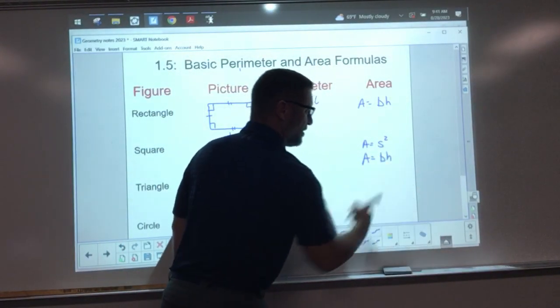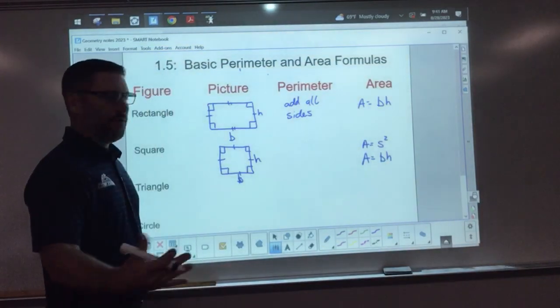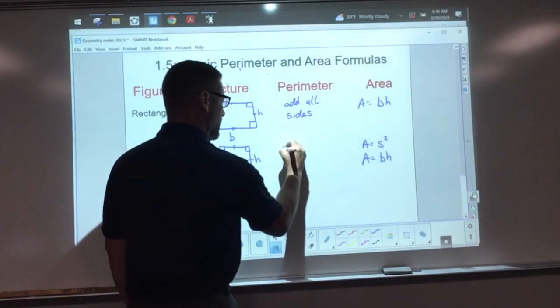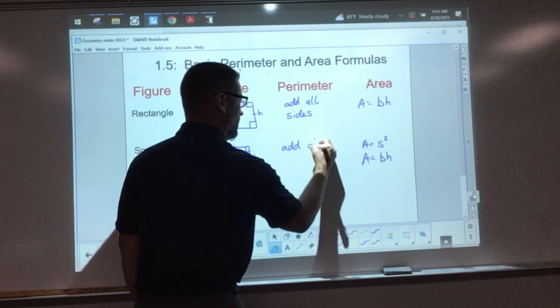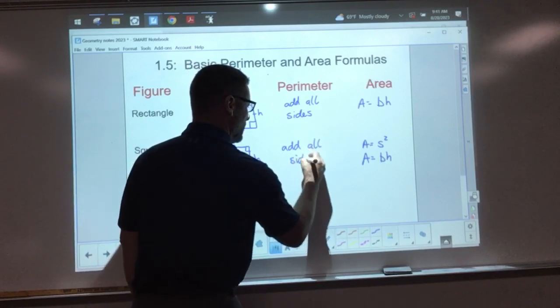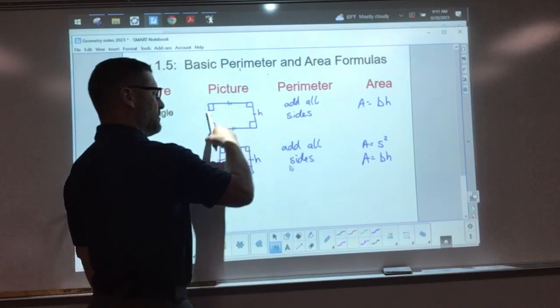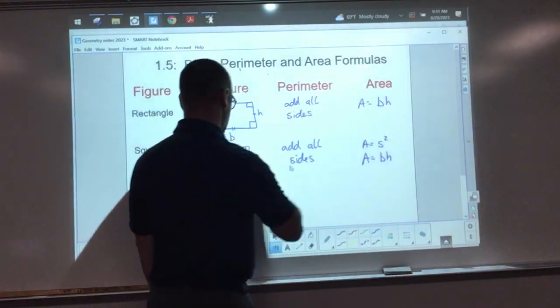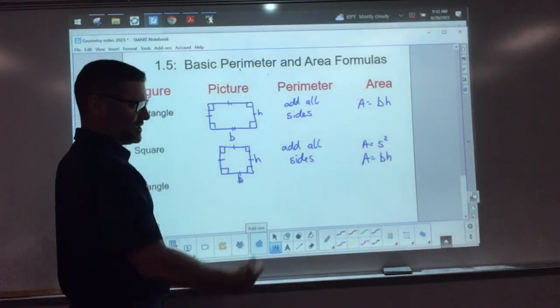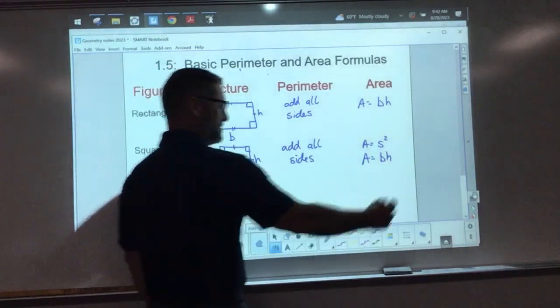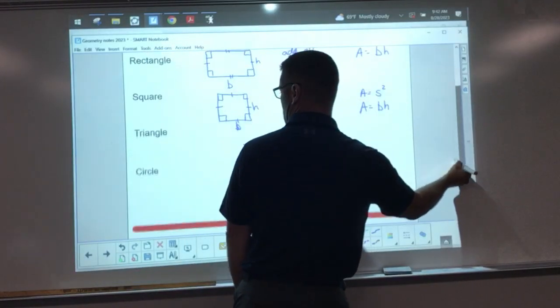The base and height are the same, so I see both formulas quite a bit. Again, because the sides are straight, we add all sides for the perimeter. Perimeter is around the outside. Area is if I colored it in. So hopefully you've seen those two terms before.